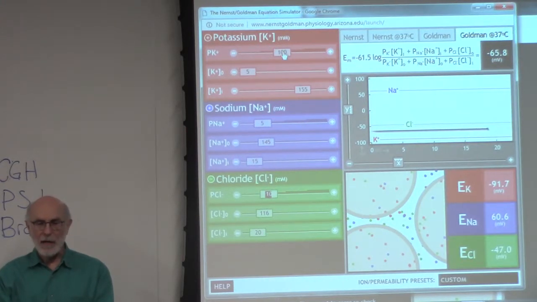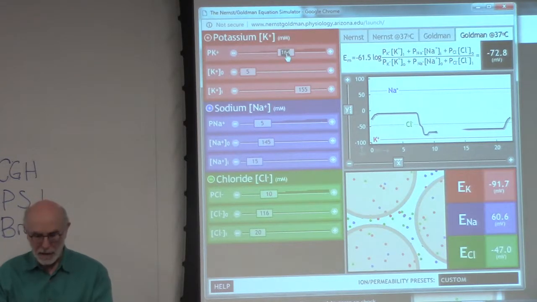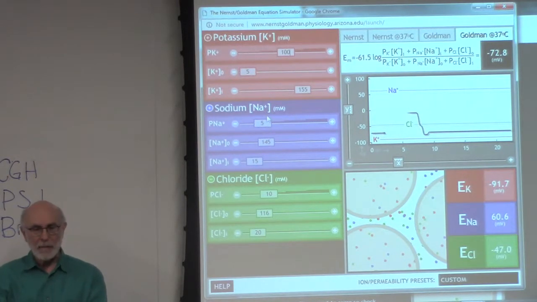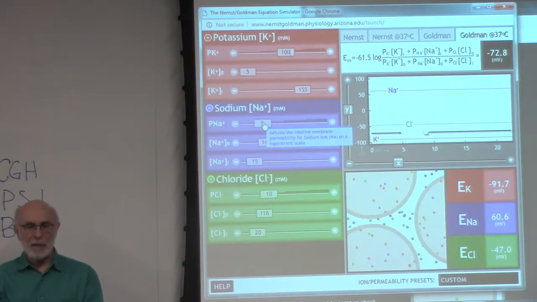Well, I could make the permeability to potassium lower, which doesn't make a lot of sense because I know there's high resting potassium permeability. So I'm going to put this back where it was, and I know from cell physiology that at the peak of the action potential, there are more open sodium channels. So instead of changing the potassium permeability, I'm going to change the sodium permeability and make the membrane potential positive.